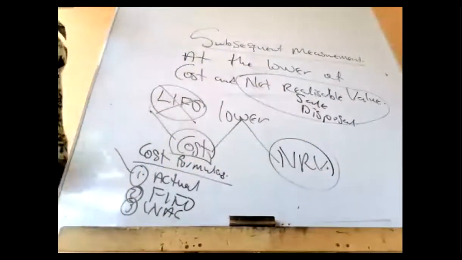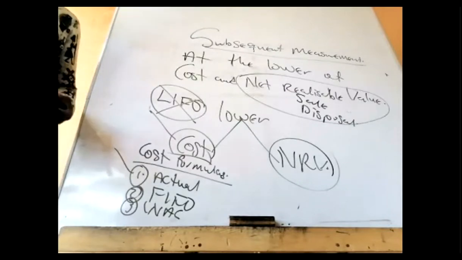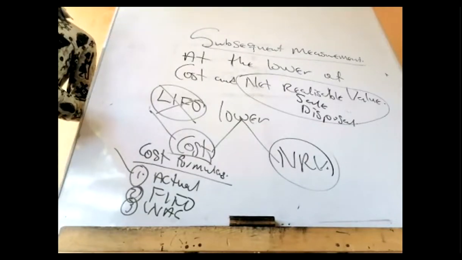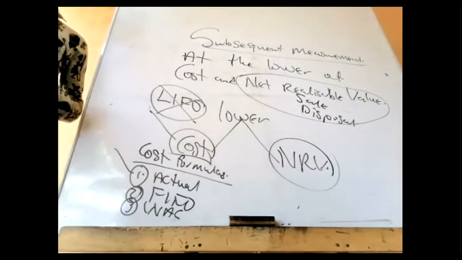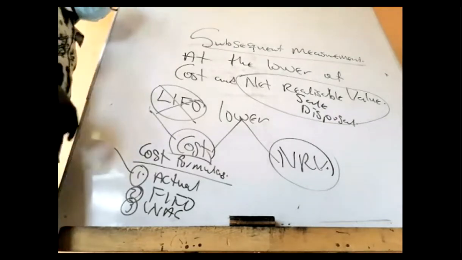So I can also call it net sale value or net disposal value. Good. So now we have the idea about NRV, meaning that we are going to sell the goods. If we should sell the goods today, how much are you going to realize from it? That's the NRV.